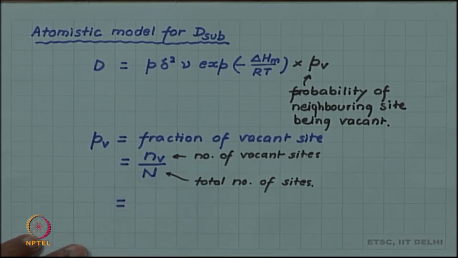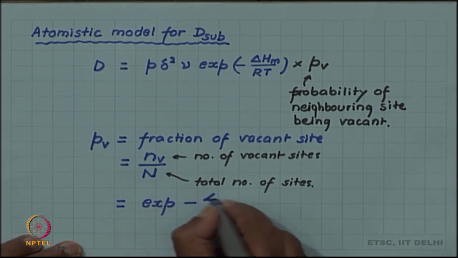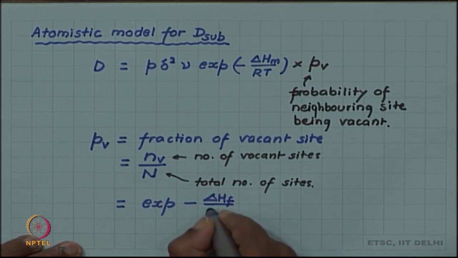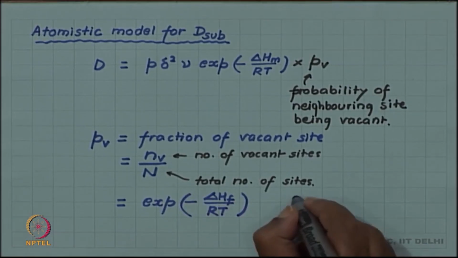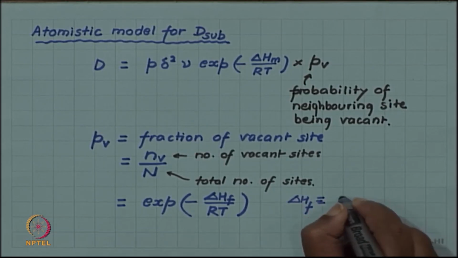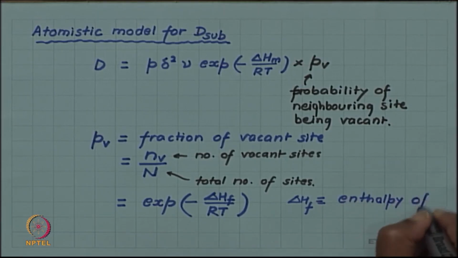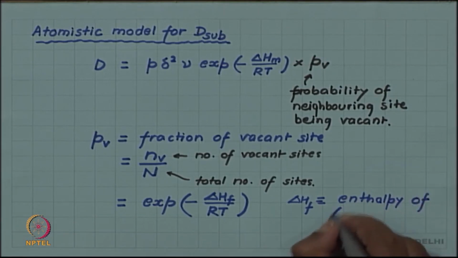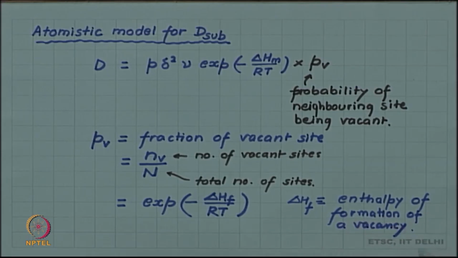We showed that this fraction is nothing but exponential minus delta H f by R T, where delta H f is the enthalpy of formation of a vacancy.